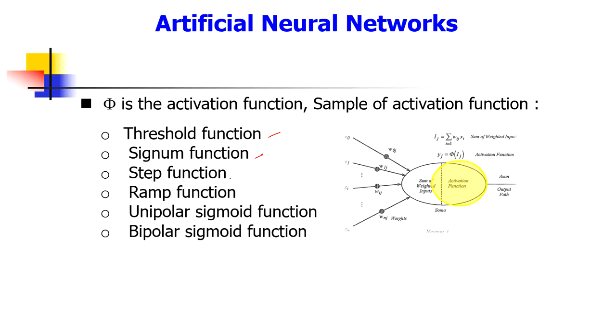The step function is a hard limiter function. The ramp function is a straight line. Then unipolar sigmoid is something like an S, and the same with the bipolar sigmoid. These will be the probability. The threshold function and step function are hard limiters, which are either 0 or 1, whereas the rest are based on a probability between 0 and 1.